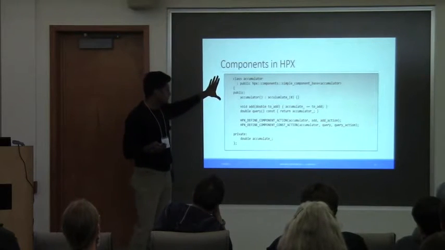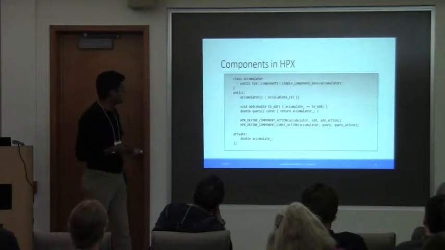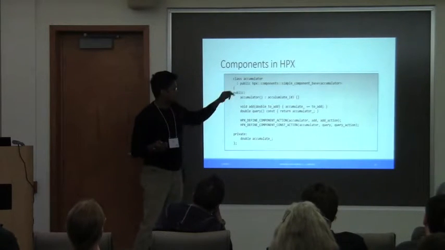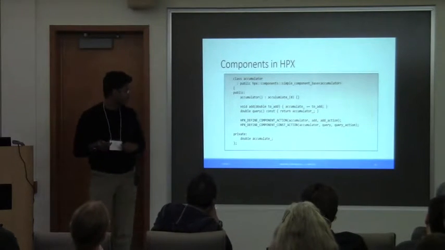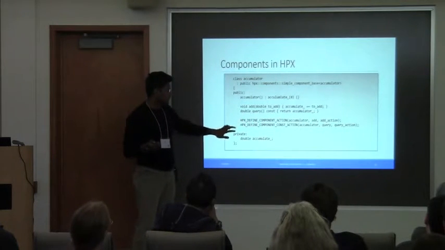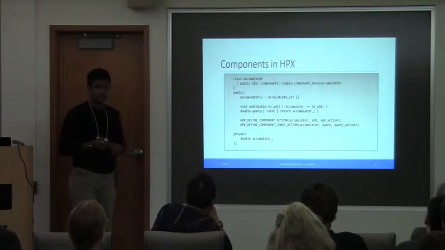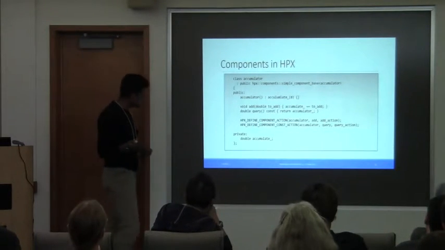If you see, it looks very similar to how you define a class. You just inherit from the components base, and additionally you have to define the member functions as HPX component action type.